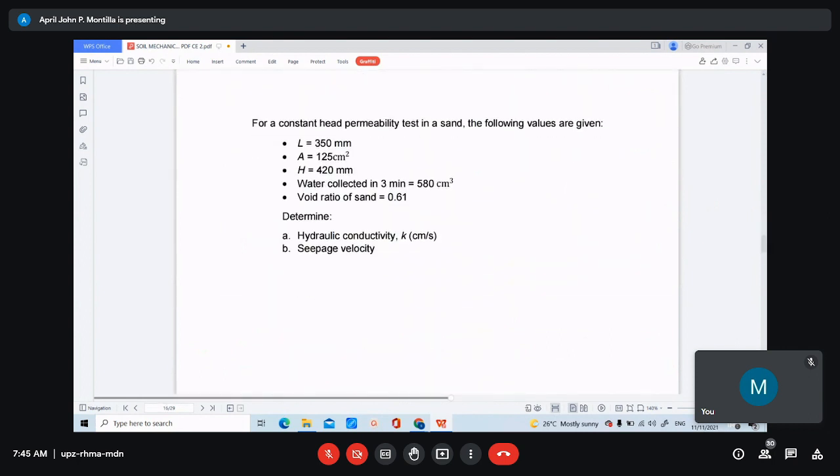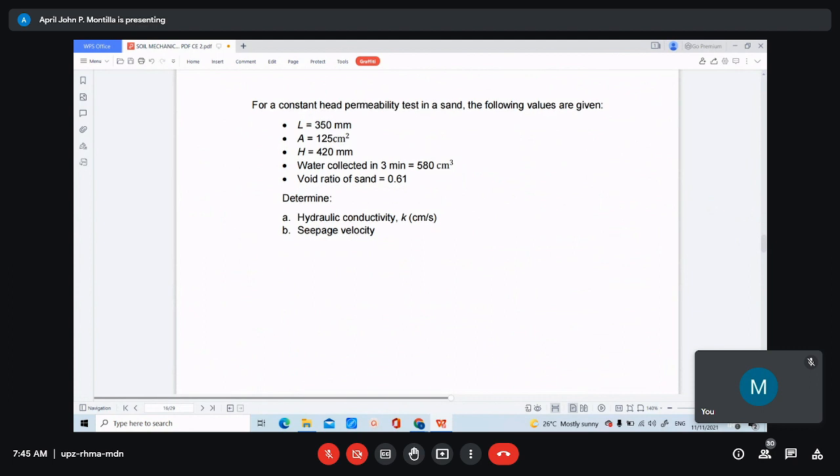For a constant head permeability test in a sand, the following values are given. L, the length of flow, is 350 millimeters. A, the cross-sectional area, is 125 square centimeters. H, the constant head difference, is 420 millimeters.